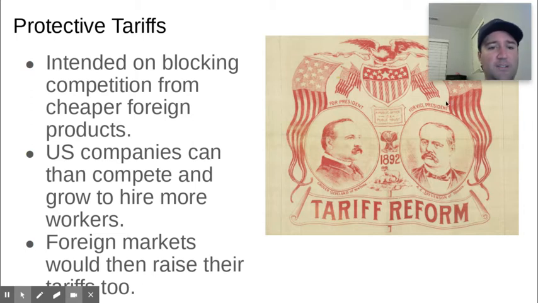Now, a tariff is a tax on imports and exports. In this case, the protective tariffs are taxes on any goods that are being sold here in the United States, so that it raises the prices of them and makes it harder for those industries to compete against American businesses, who are producing something that is going to ultimately be cheaper because of the tariffs that are being put on these foreign goods.